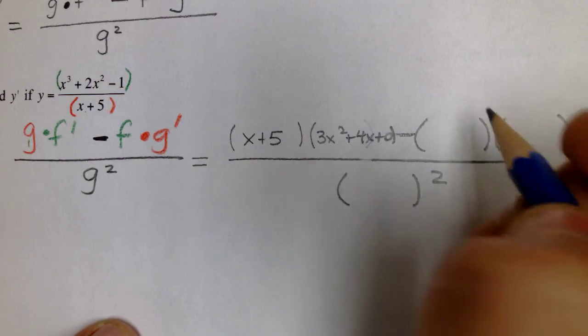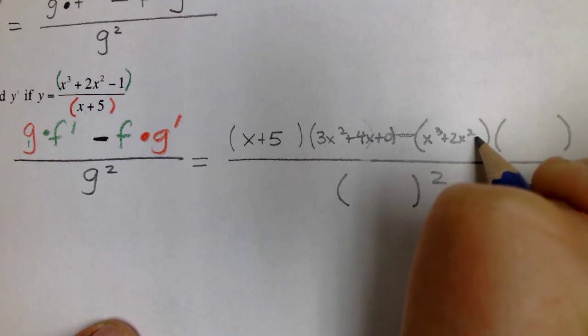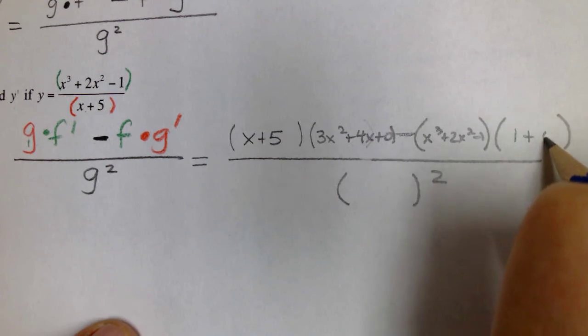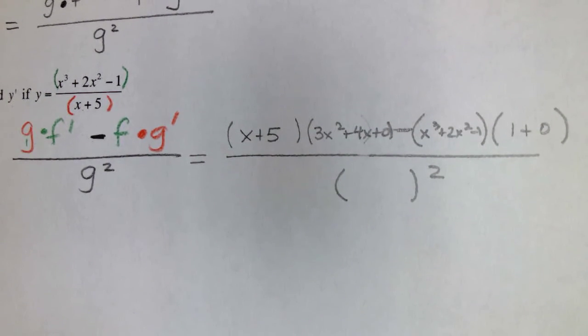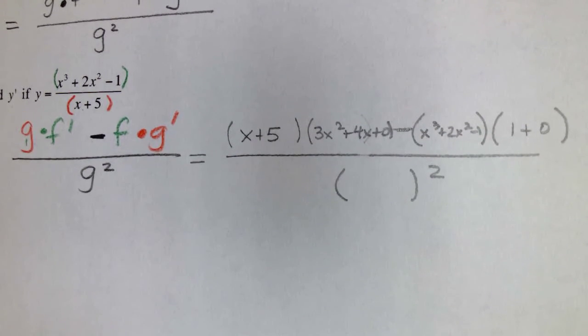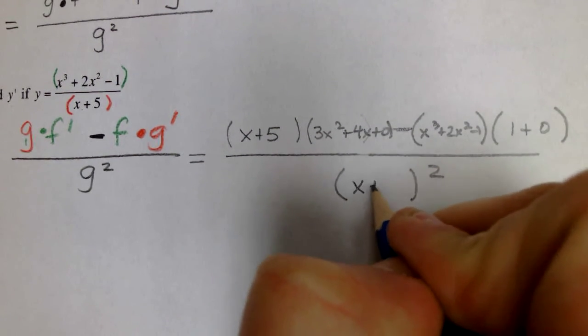Then my f function is x cubed plus 2x squared minus 1. And my g prime is 1 plus 0. Now at some point, some of you will stop writing the plus zeros. I'm putting them in just as a reminder, if you're not through the previous lesson especially, that the derivative of a constant is 0. In the bottom, I'm going to put in my g function squared.